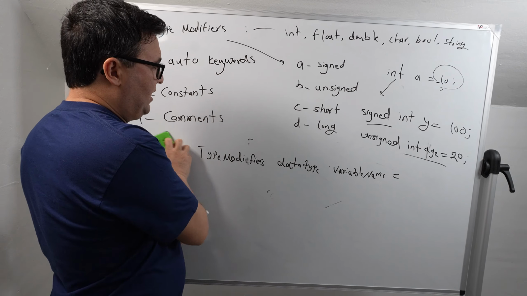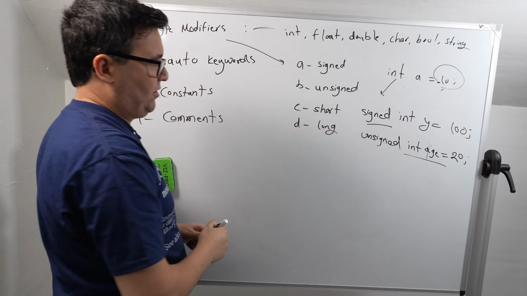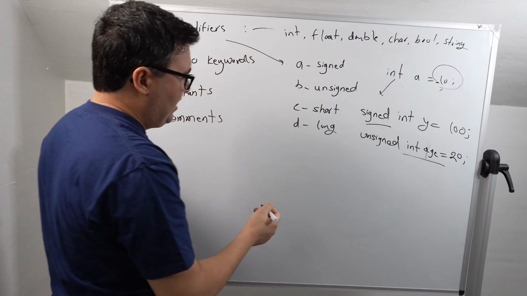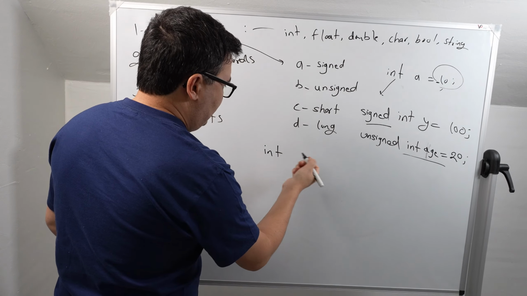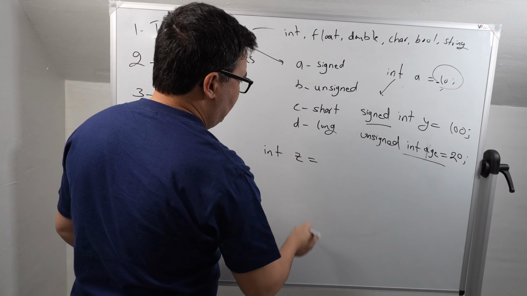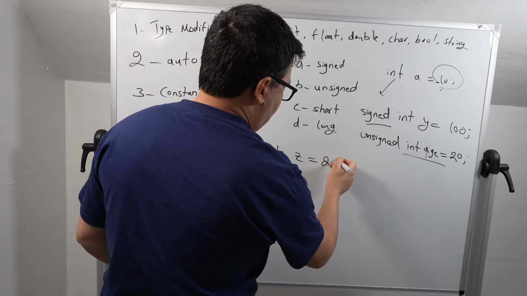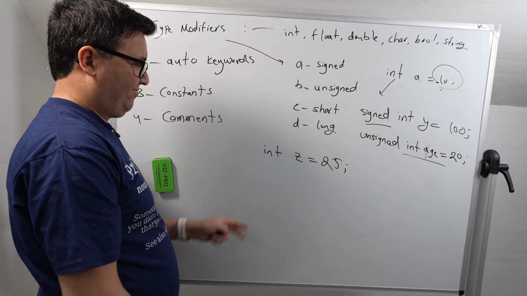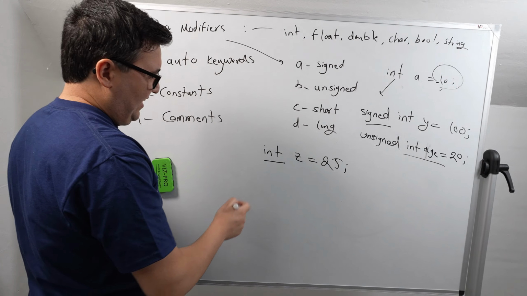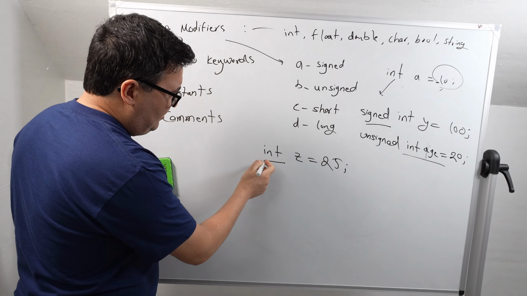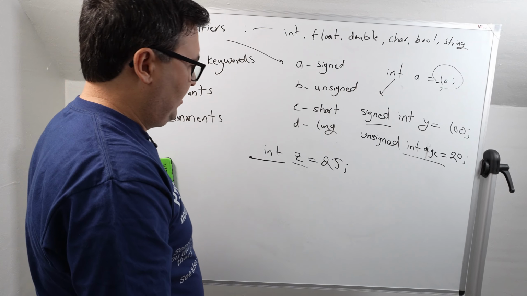So then we have the modifier short. What does it mean? If we define an integer variable called z equal to 25, the integer tells the data type and the size of the memory this variable can store.